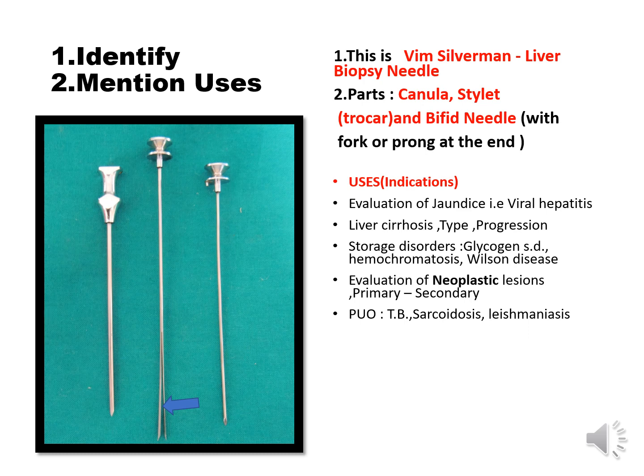You can identify by taking the core of tissue, often done under image guidance, that means under ultrasound. Pyrexia of unknown origin: sometimes you do the liver biopsy and get the diagnosis, like in disseminated tuberculosis, sarcoidosis, at times leishmaniasis.